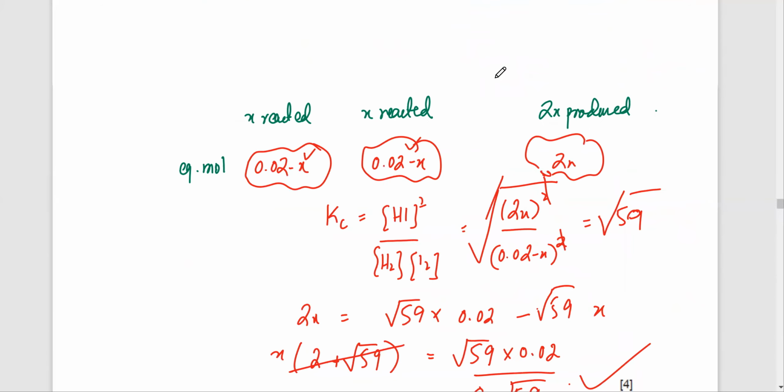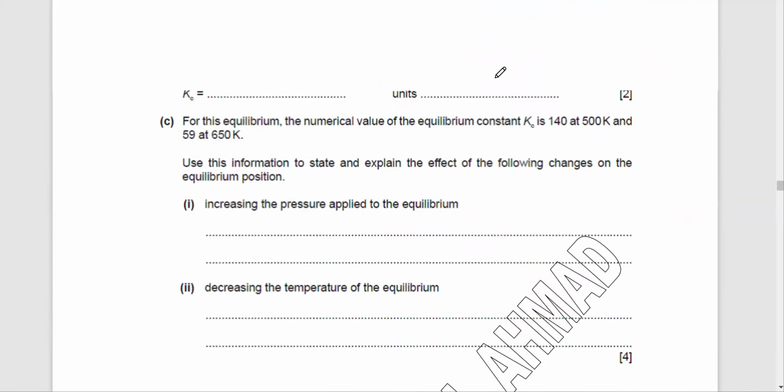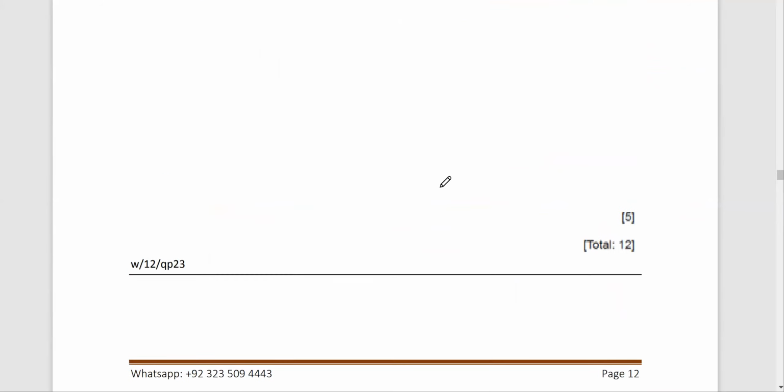Achha, so most of the questions are pretty similar. What we can do now is, we've pretty much done all the KC KP questions, all types of KC KP questions. What we can do now is, we can do reaction kinetics. Okay, that is something that we haven't yet done.